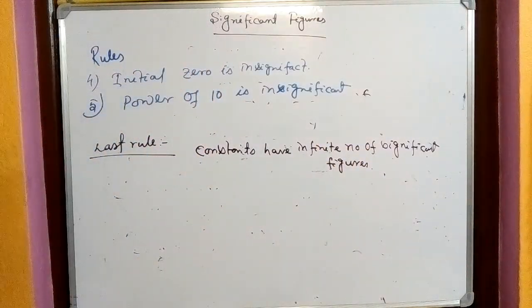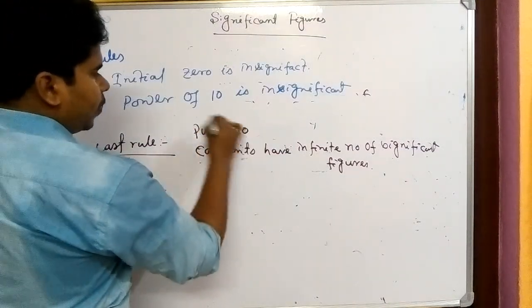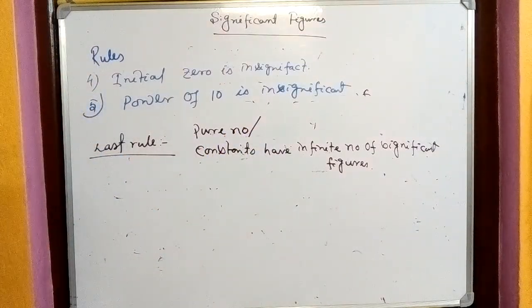Constants have an infinite number of significant figures, or we can say pure numbers. It is also the same thing. Pure numbers have an infinite number of significant figures.